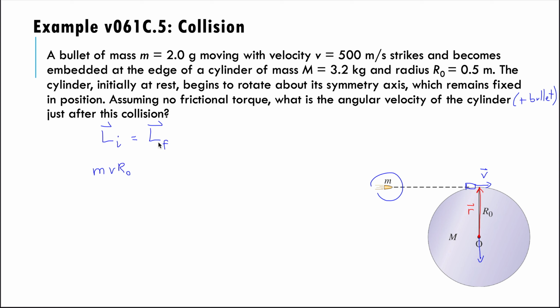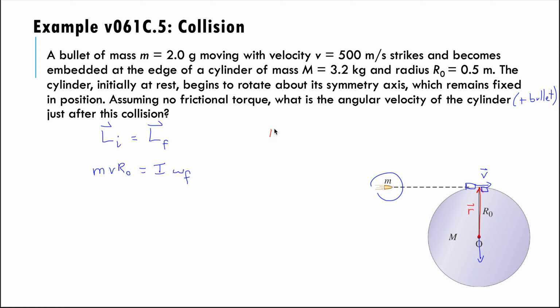And now we need to find our final angular momentum. Think of this object, the cylinder, as rotating with the bullet embedded in it. So just think of it as one big rotating object and think about using the definition I omega, since we're looking for final angular velocity anyway. We just need the moment of inertia of the cylinder and the bullet together. Let's do that on the side.